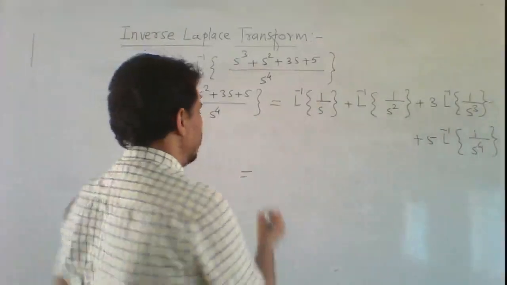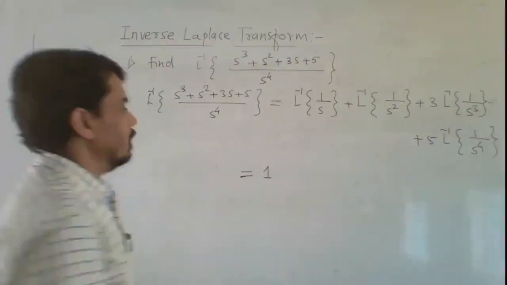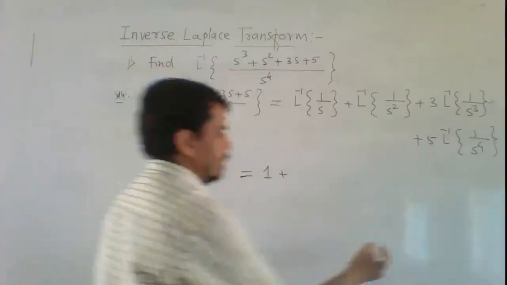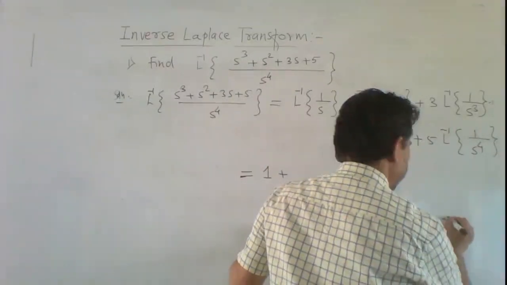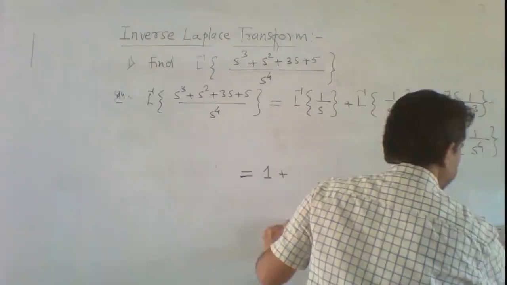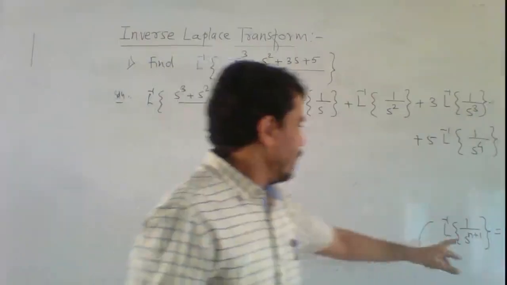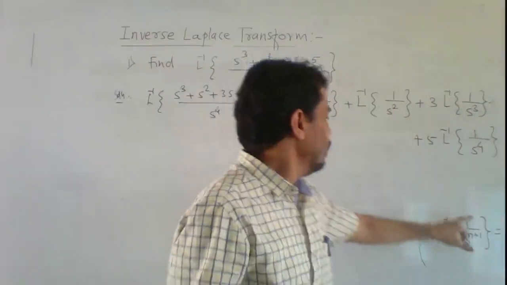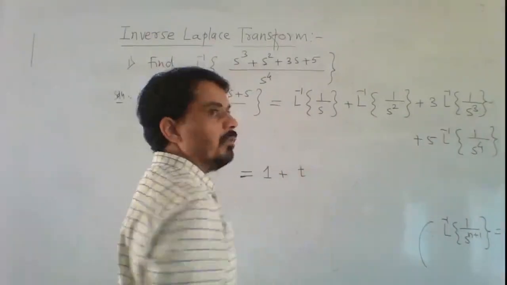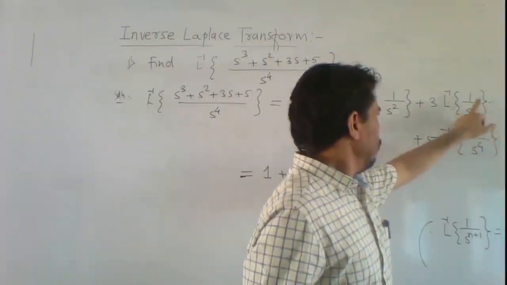L inverse of 1 by s, by using the formula, is 1, plus L inverse of 1 by s square. We have the formula: L inverse of 1 upon s to the power n plus 1 is equal to t to the power n divided by n factorial. Here n equals 1, then we obtain 1 upon s square, so it is equal to t by 1 factorial, so t, plus 3 into 1 upon s cube.